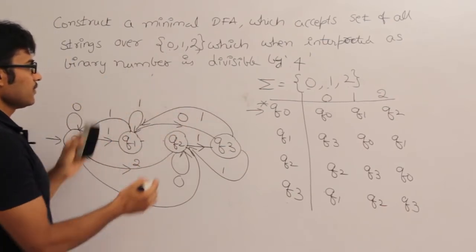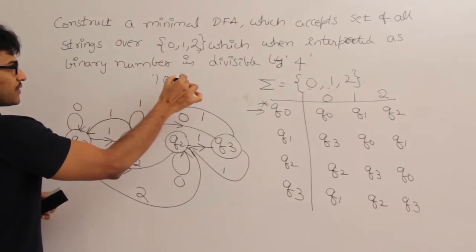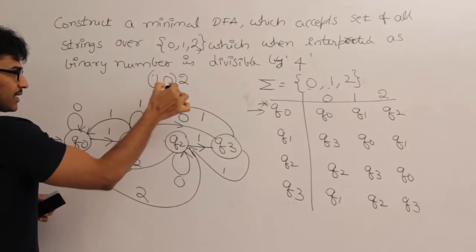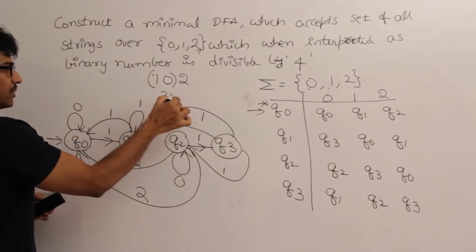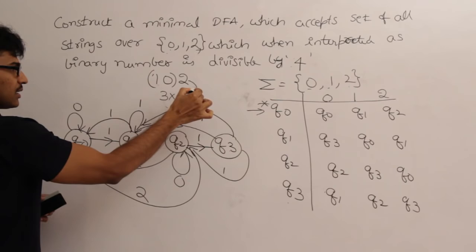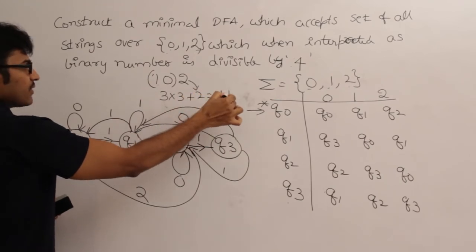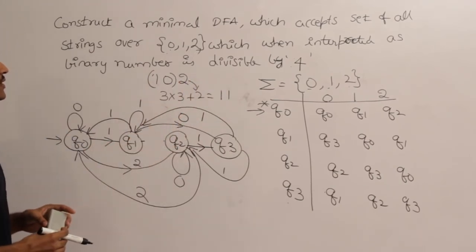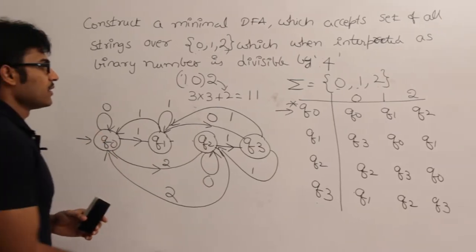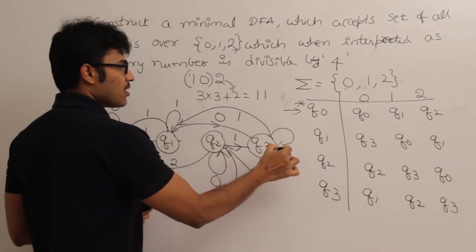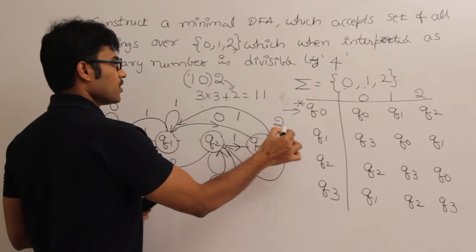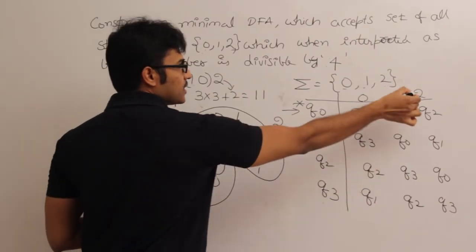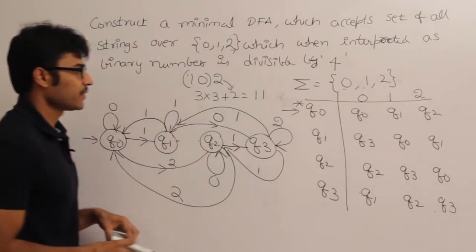Now Q3, which means 1 0, on seeing 2: this entire thing is 3, so it is 3 into 3 plus 2, which is 11. 11 when divided by 4 gives a remainder of 3. Therefore Q3 on seeing a 2 is going to remain in Q3.